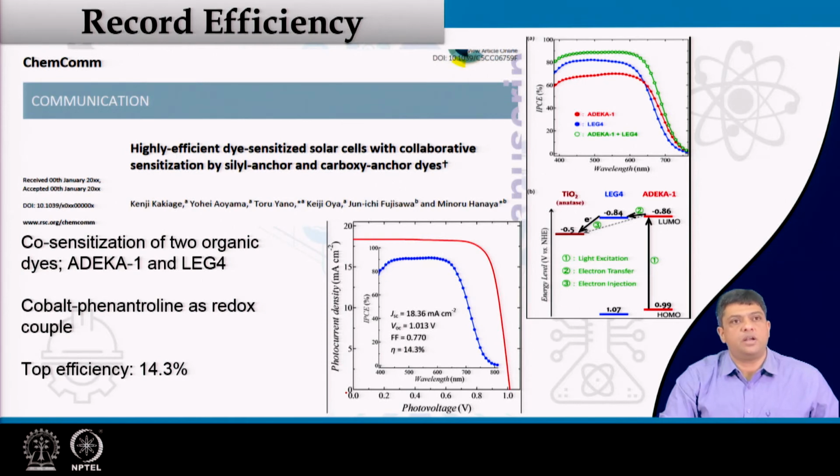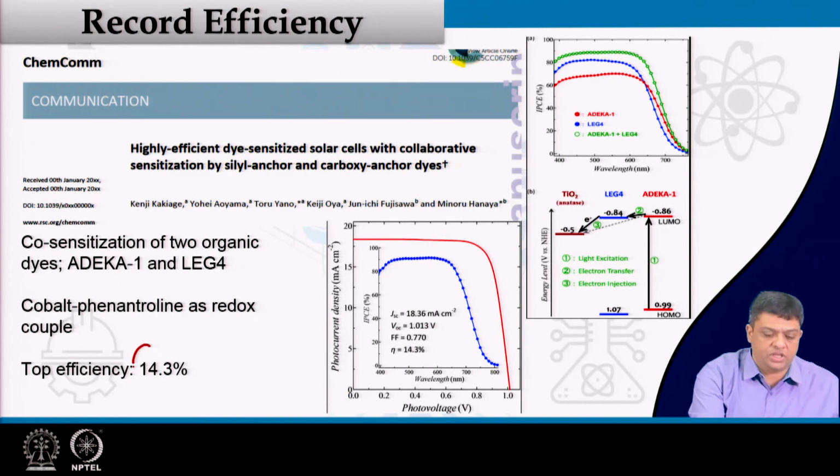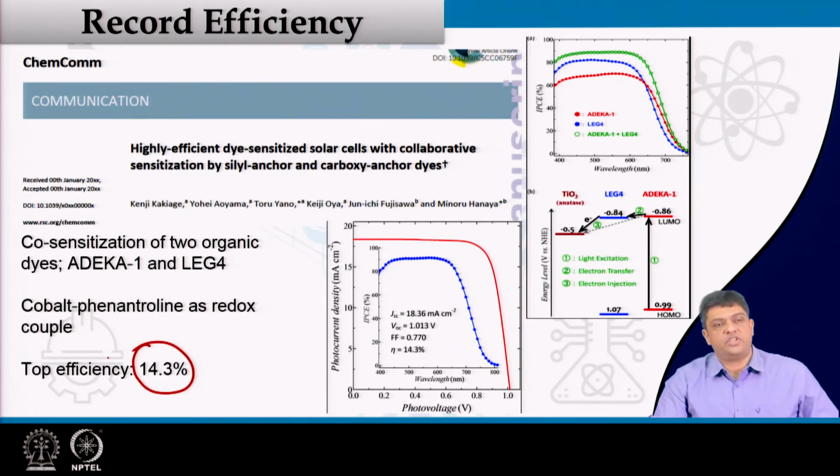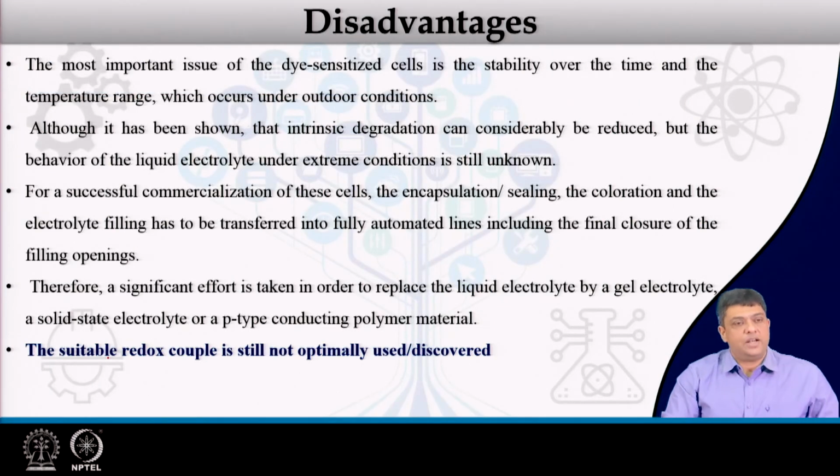There are a lot of reports which have been coming out in literature, and very recently we have seen that the top efficiencies in dye sensitized solar cells have reached approximately 14%. But they have some major limitations which have to be countered before they become available for large scale use.